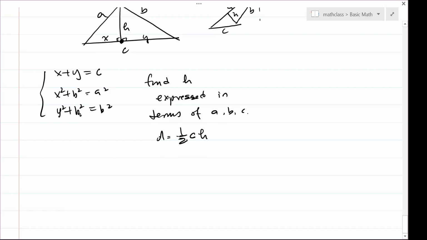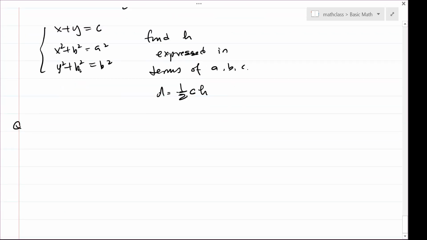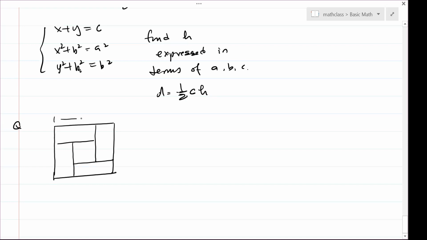All right, my next problem is from homework. Let me draw the picture here. It's a little bit strange. From here to here, it's y. And this is x.